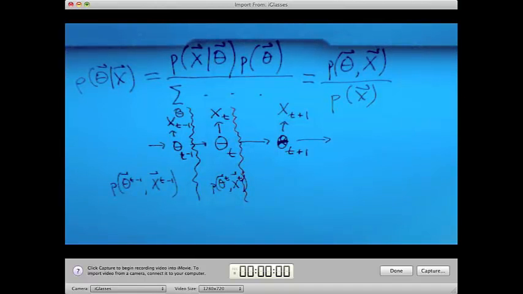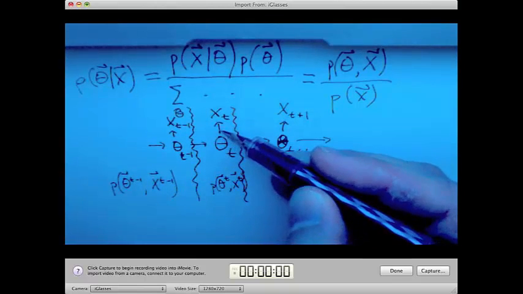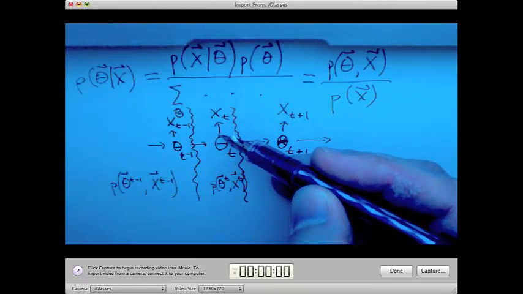So immediately I have an expression. I can just write down, well, what's that? That's the transition. What's that? That's the emission, right?